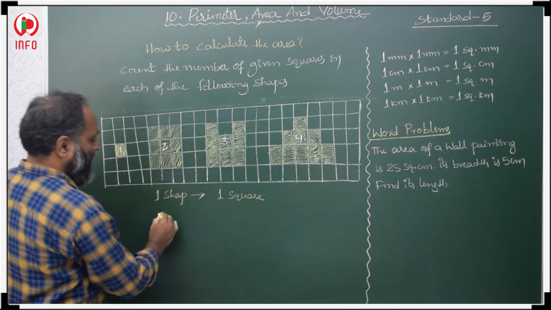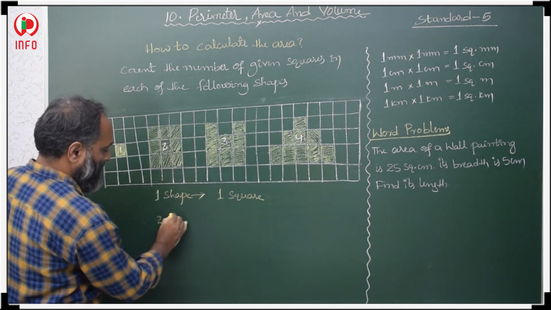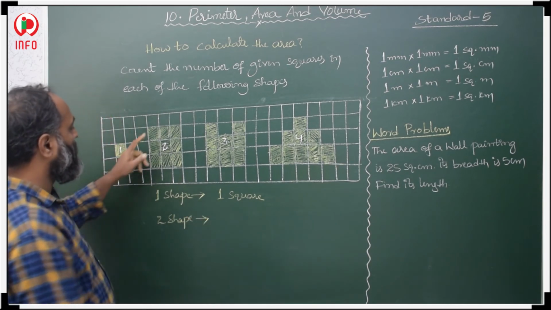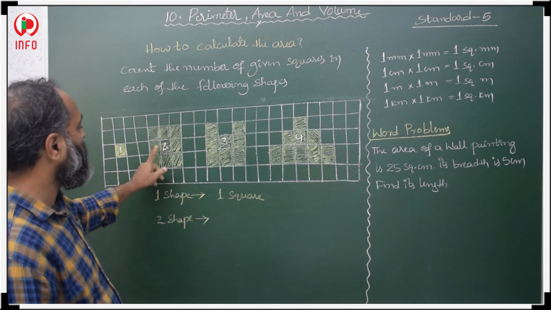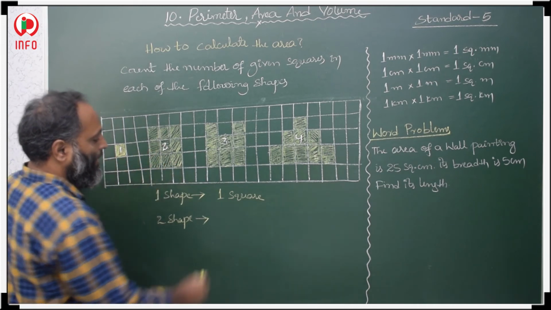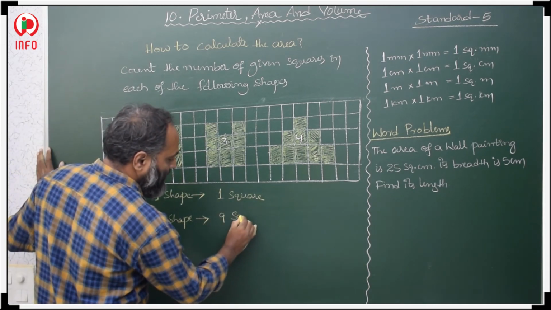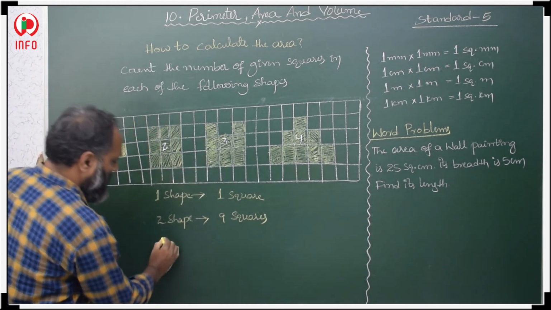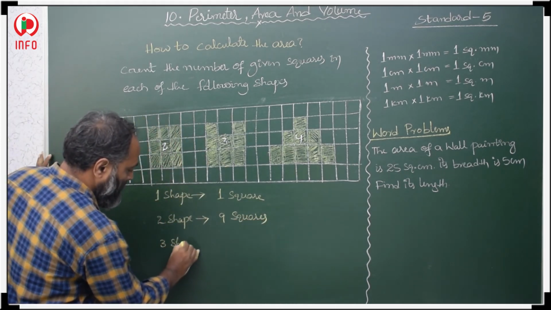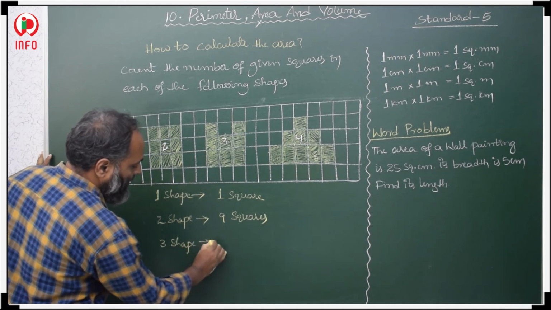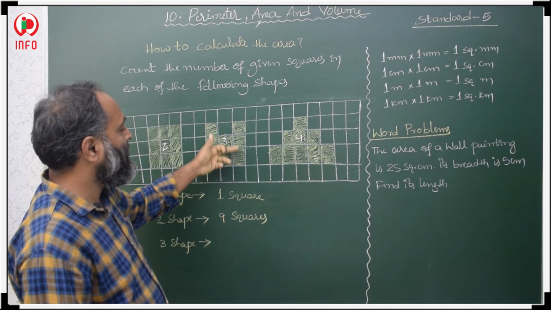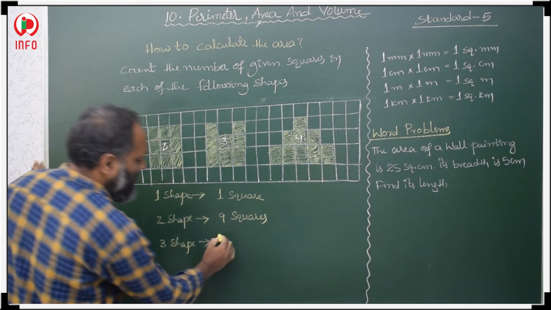In the second shape, we have 1, 2, 3, 4, 5, 6, 7, 8, 9. 9 squares. In the third shape, we have 1, 2, 3, 4, 5, 6, 7, 8. 8 squares.